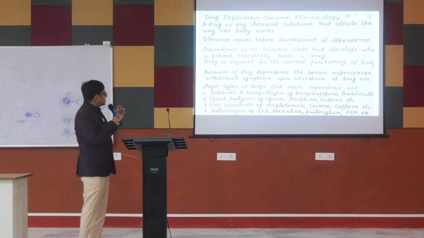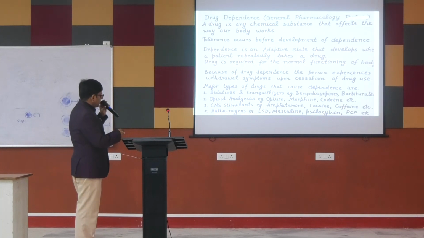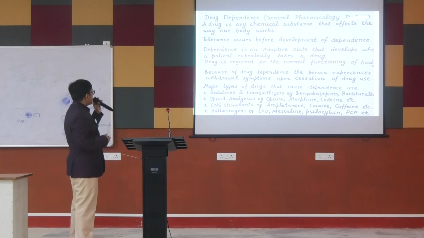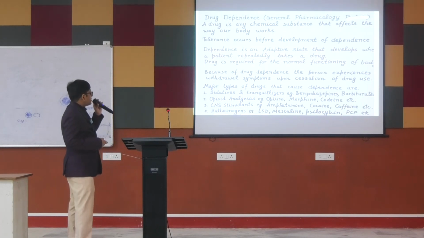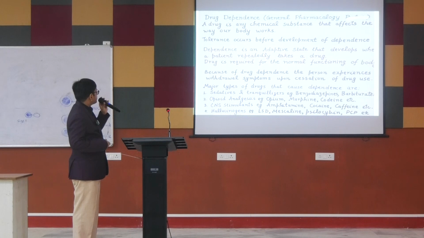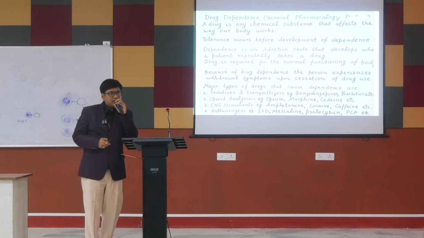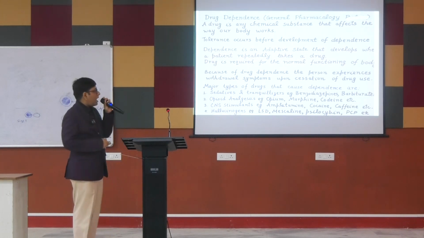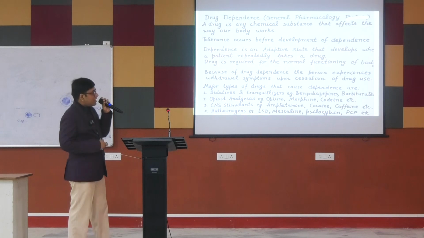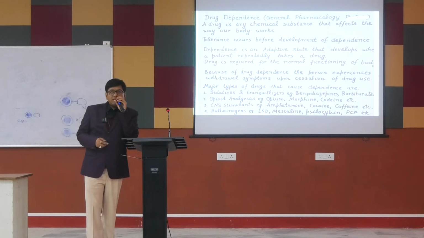But what happens is that when this tolerance becomes too high, when you give an addictive drug, a drug to which there is chance of addiction, there is a chance of becoming addicted. When you are giving an addictive drug, first tolerance will develop and then dependence develops.